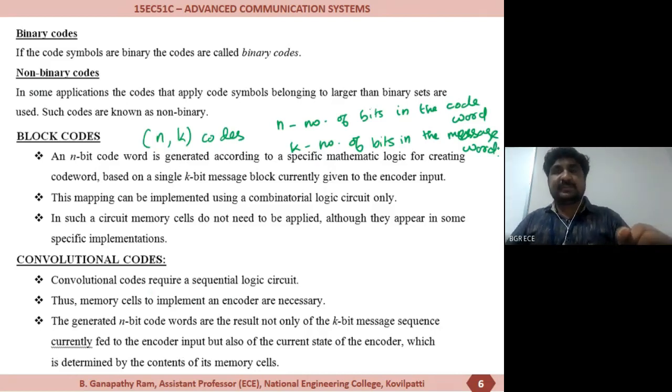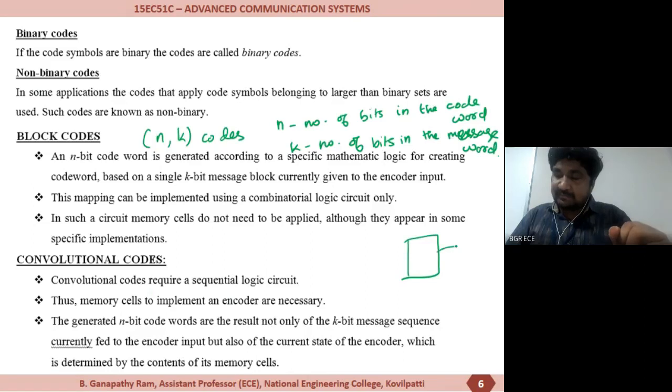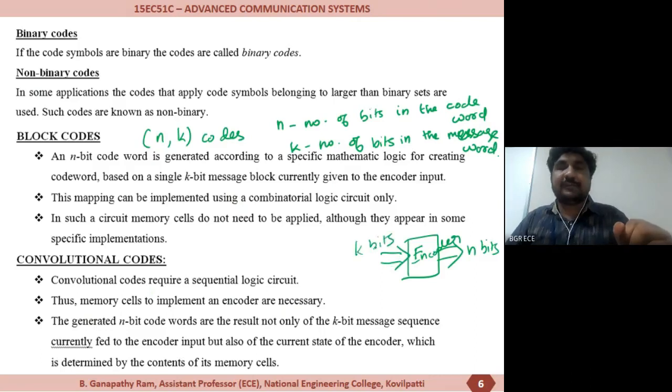So it uses a specific mathematical Boolean logic to generate n bits at the output. Suppose this is the encoder of the block codes, it will generate n bits at the output by considering the k bits at the input.